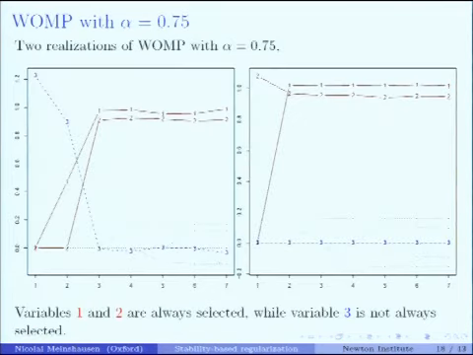So if you now do weak orthogonal matching pursuit, for example, with a weakness of 0.75, then it effectively means in the first step you look at the maximal correlation you have, and instead of choosing exactly the variable with the maximal correlation, you take one which is at least within 0.75 of that number.